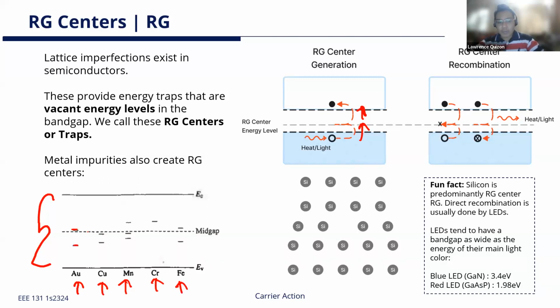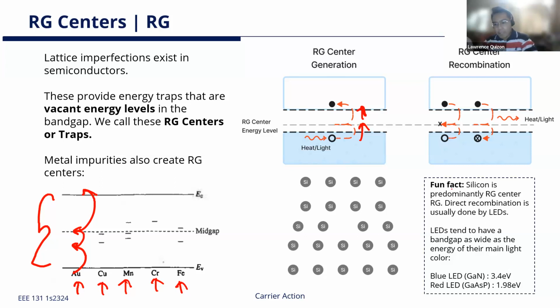These introduce their own intermediate energy states, probably in the d orbital. So they are there in the middle. These can act as RG centers, so the electrons go up there, then go up there. So metal impurities create RG centers. Okay.